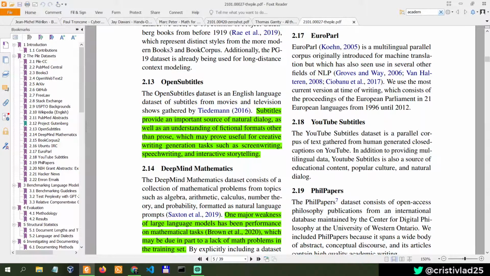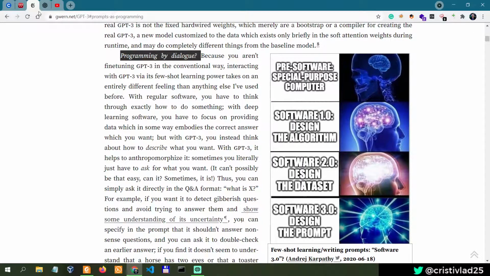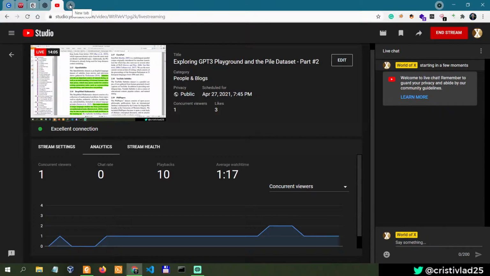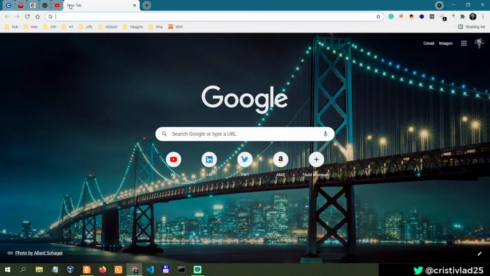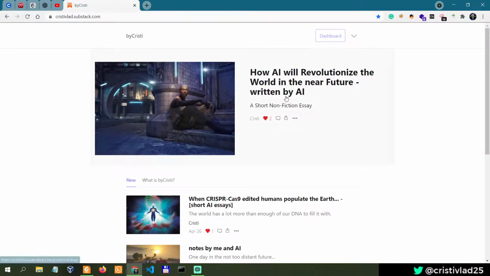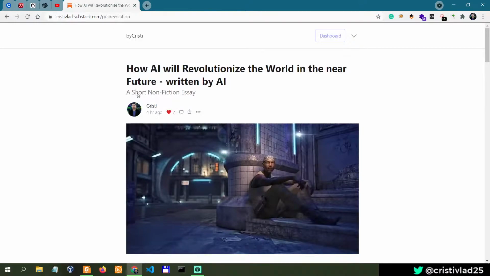So this is really good when it comes to generating fiction, and I think language models have very extensively been used so far for generating fiction. I've been using both GPT Neo and GPT-3 myself. The most recent time was today, when I used GPT-3 in my Substack to generate a short nonfiction essay on how AI will revolutionize the world in the near future.